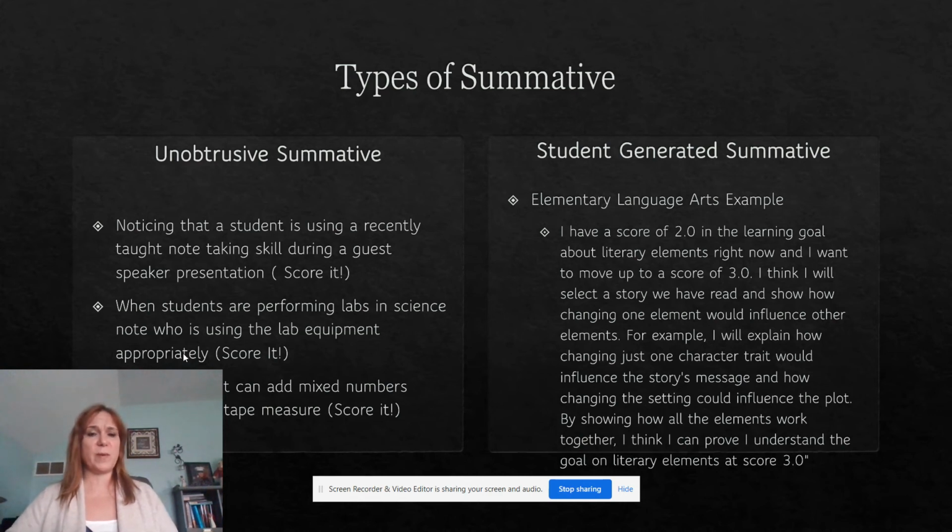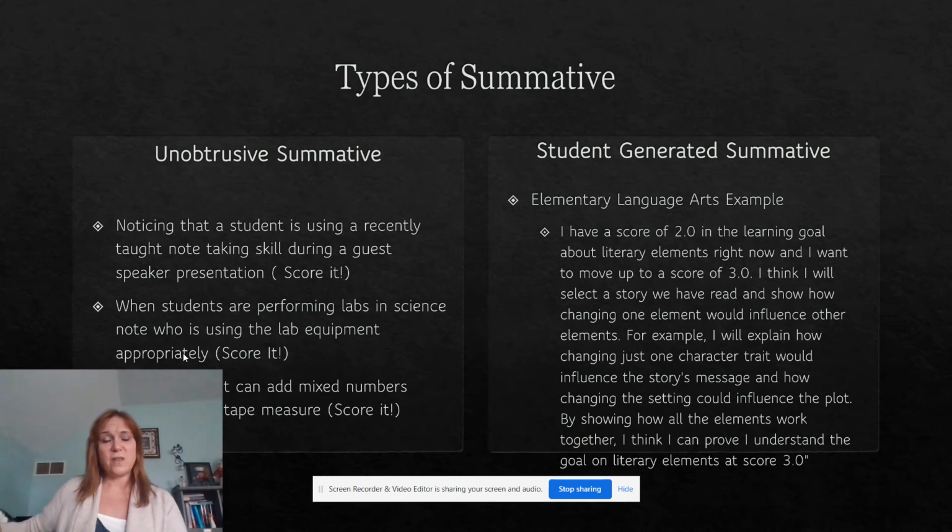When students are performing a lab in science, note who's using the lab equipment appropriately. It's one of the science standards that students use lab equipment safely and appropriately for measurement or for skills. You can score that during the lab, not just in its own safety lesson.